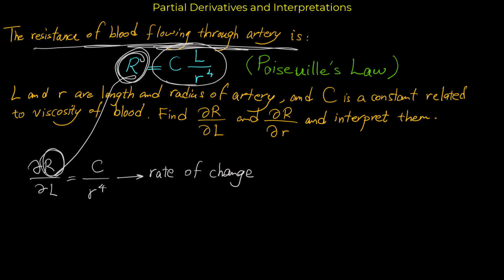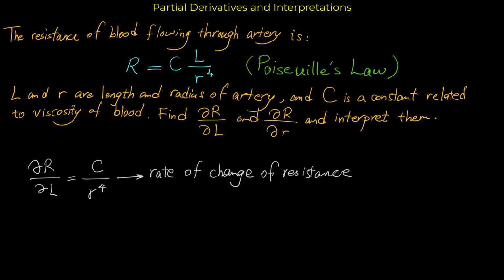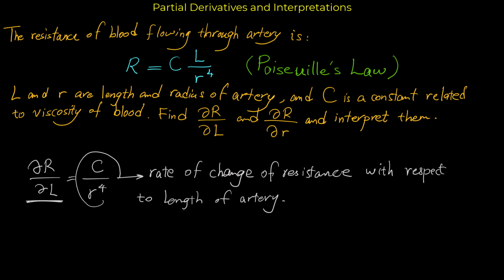So the rate of change of resistance of the blood flowing through the artery with respect to the variable that we are differentiating by, in this case L, so with respect to the length of the artery, is this expression, C over r to the 4.